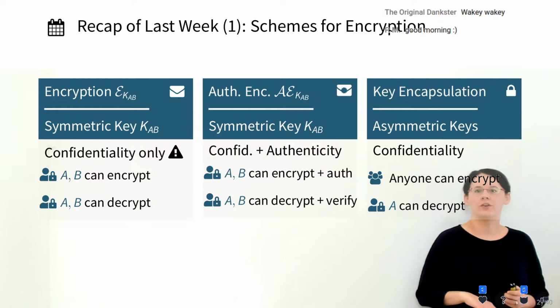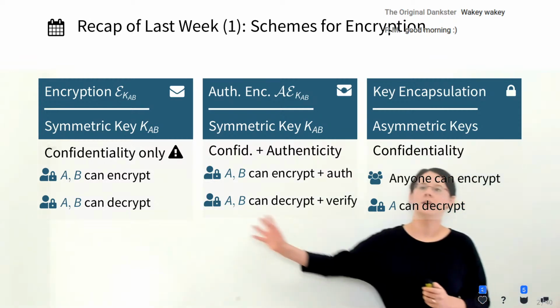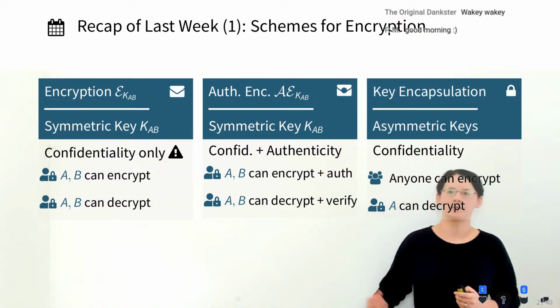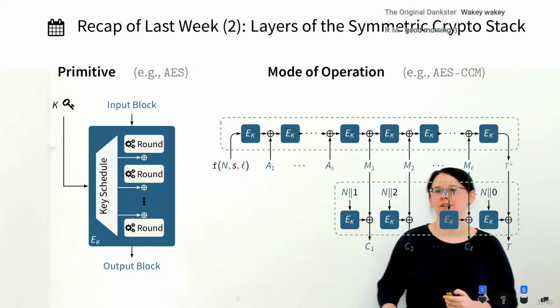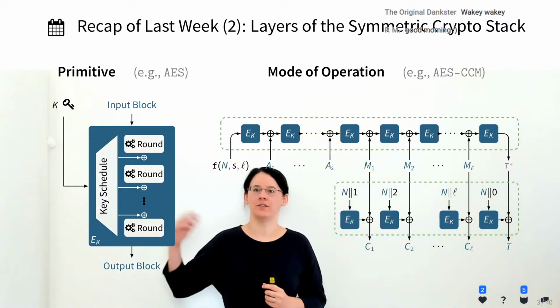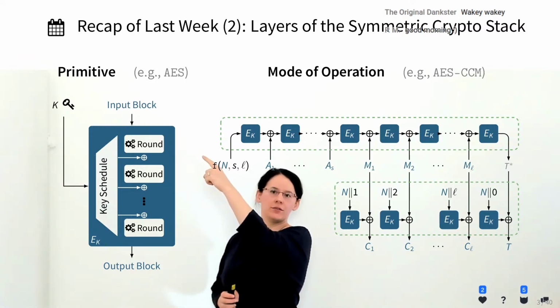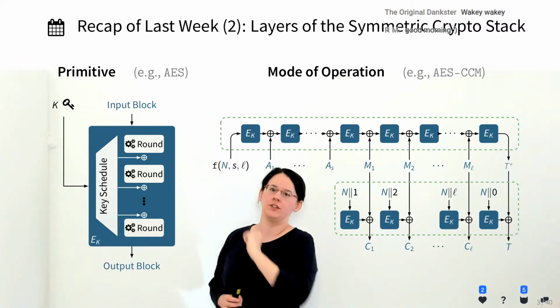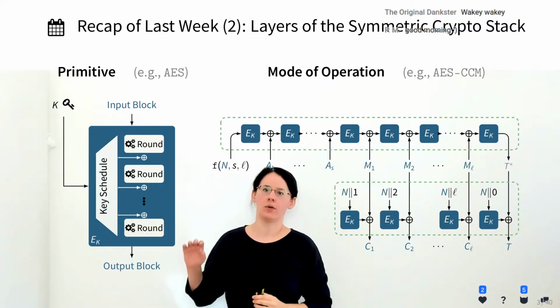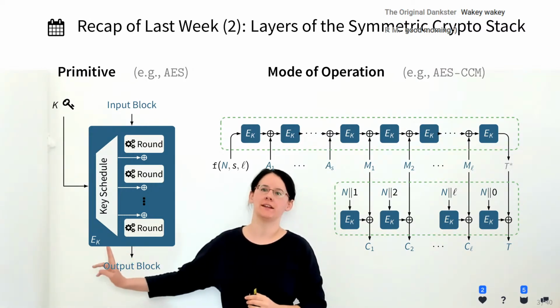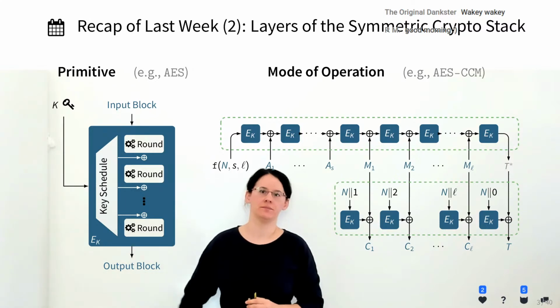And we heard a bit about the building blocks for these two types of encryption schemes last week. We saw that inside they have a primitive, which works by iterating a simple round function often enough to achieve security in some sense, where the rounds are controlled by XORing a key produced by a key schedule.